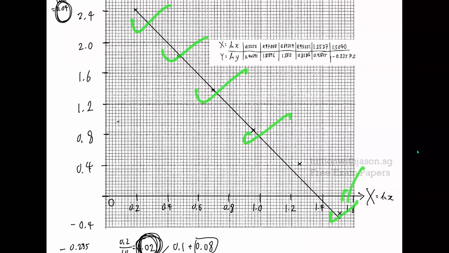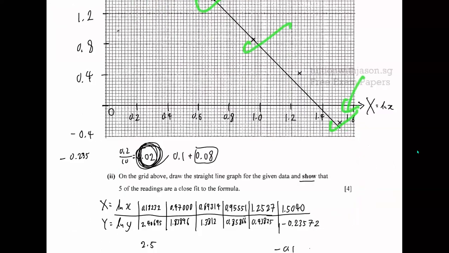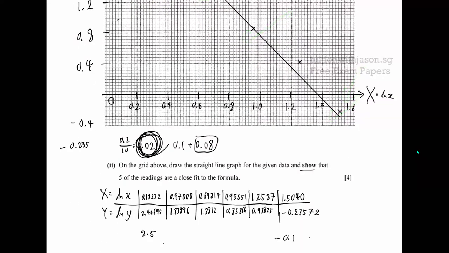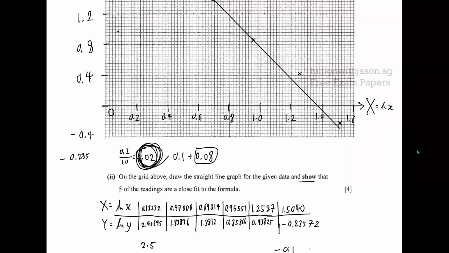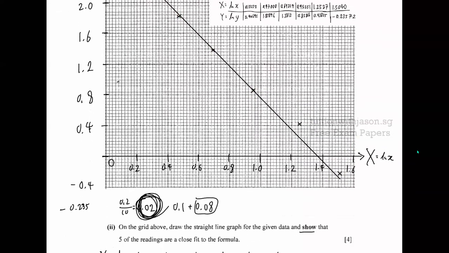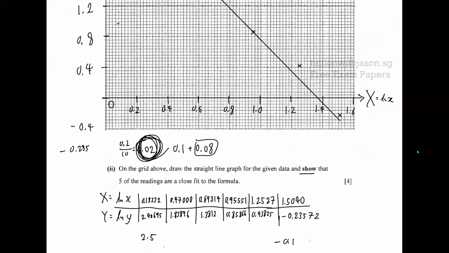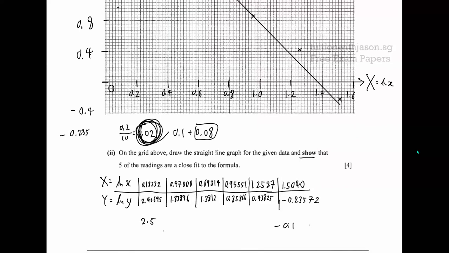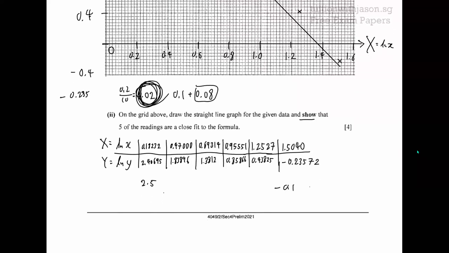Maybe the 5th one not so accurate, but close enough. Well, what do you mean to show? Just draw the line of best fit and make sure that 5 of the points are very, very close to the straight line. Yeah, these points, they are very close to it. That's all. Okay, good.